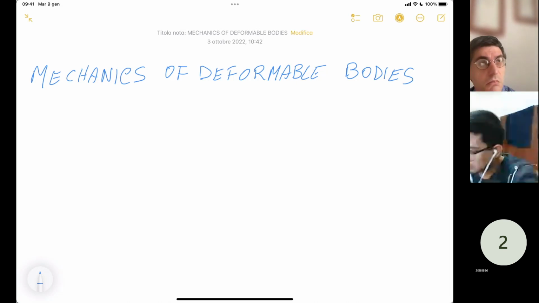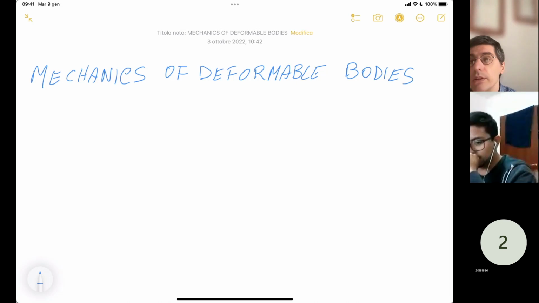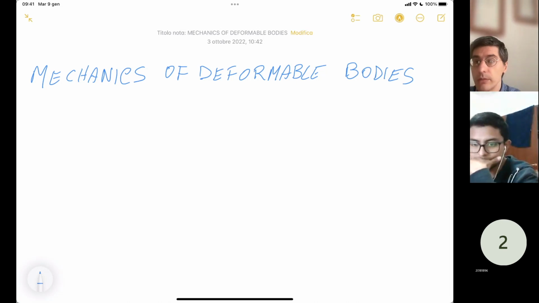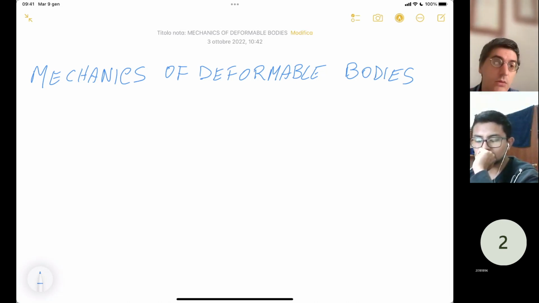In many problems that we will deal with, we will study statics, and you know that statics treats a particular motion, the rest. So the idea is to consider a deformable body, apply some external conditions, some external force, and see what happens, in other words, to see the deformation of this body.